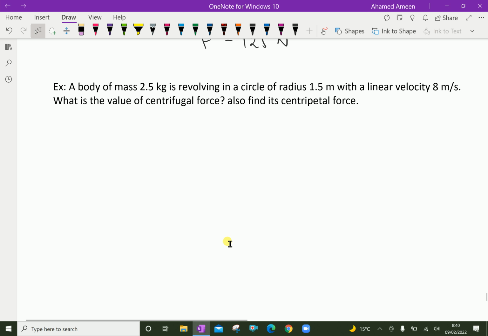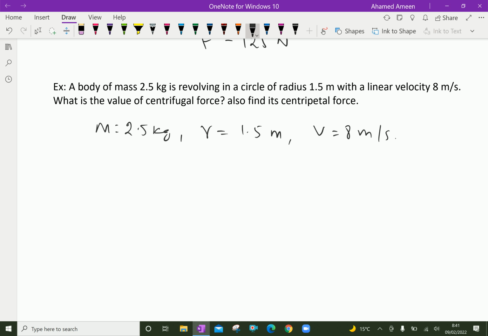Here the given things: mass equal 2.5 kg and radius of the circle is 1.5 meter. Linear velocity v equal 8 meter per second. So you have to find centrifugal force.